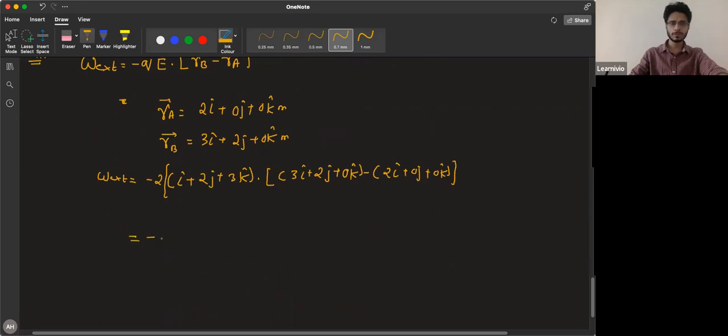So the work done is minus 2 times (i cap plus 2j cap plus 3k cap) dot (r_B minus r_A). Just subtract these two terms. What will be the final answer? i cap plus 2j cap plus 0k cap.